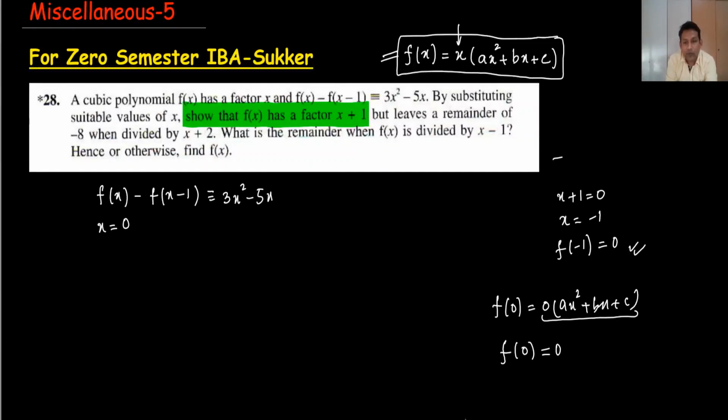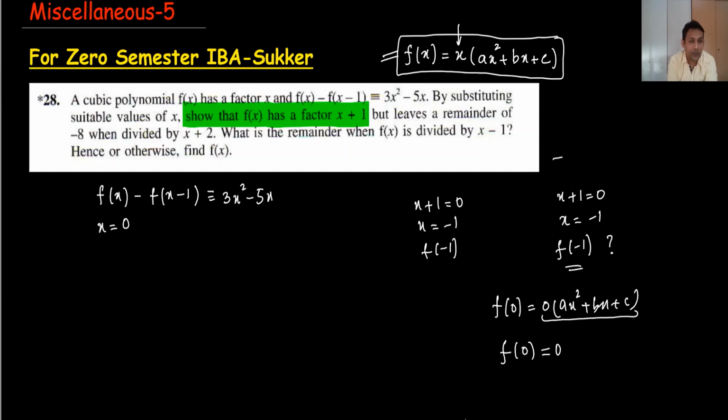What we need is to find f of minus 1. So I do not need to put x equals to minus 1; I have to put 0 to get f of minus 1 here.